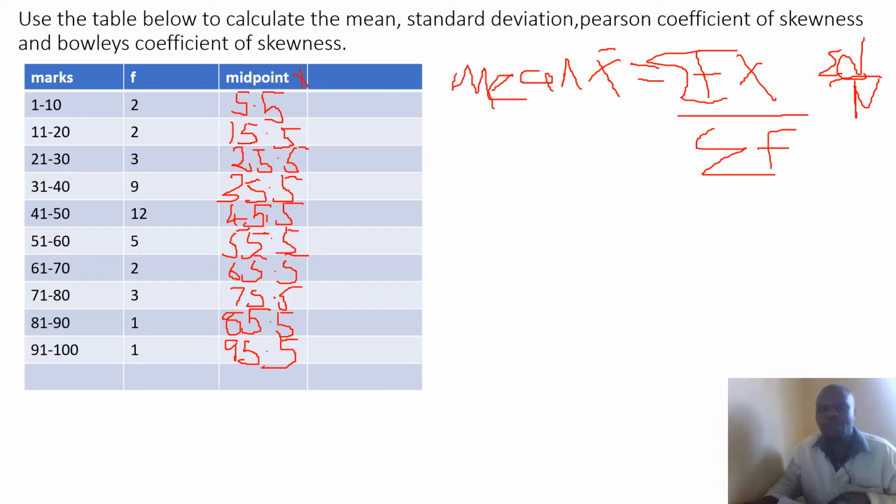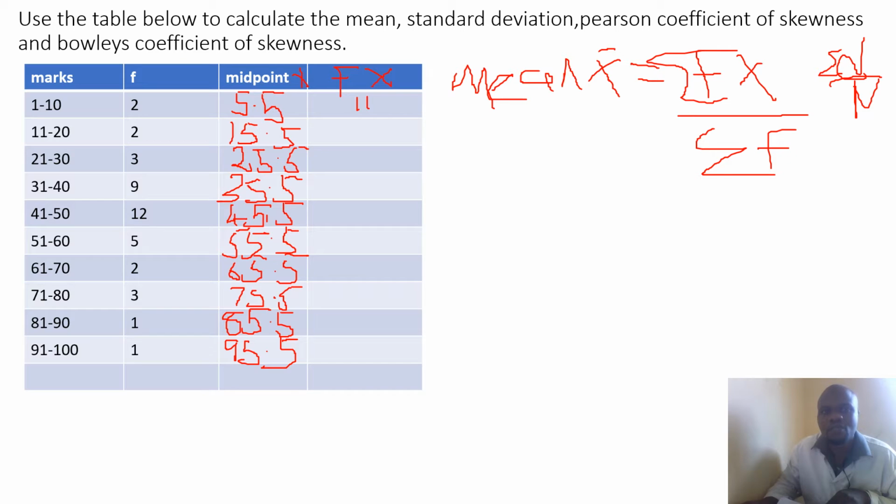And then the next column, so that we can get the mean, we must find the summation of f multiplied by x. So here we are going to have the column for fx, meaning you multiply f and x. So 2 multiplied by 5.5, you get 11.